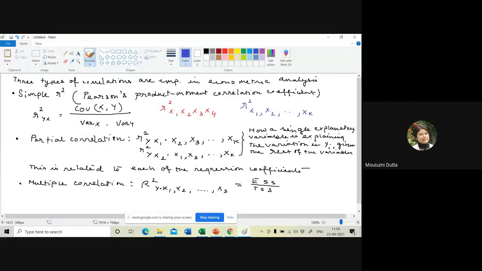And in case of partial correlation, we could have a correlation between price and income given the other explanatory variables. No, it is not the price. Your y variable is demand. Yes, sorry, my mistake, demand. Demand and any one of the explanatory variables given the rest. Demand and price given the rest, or demand and income given the rest. This will be the thing.